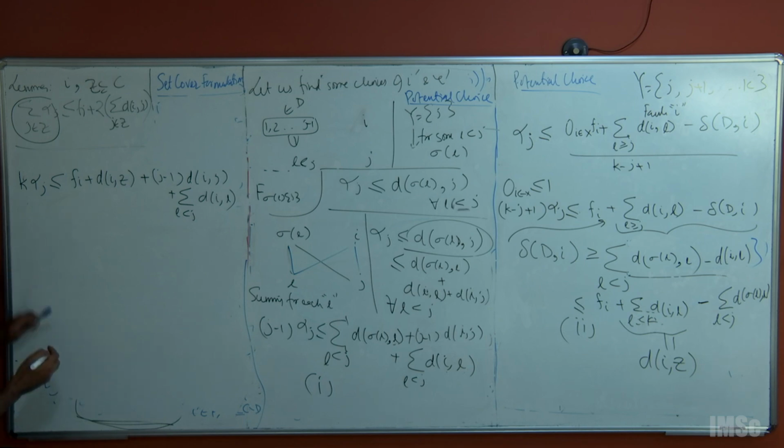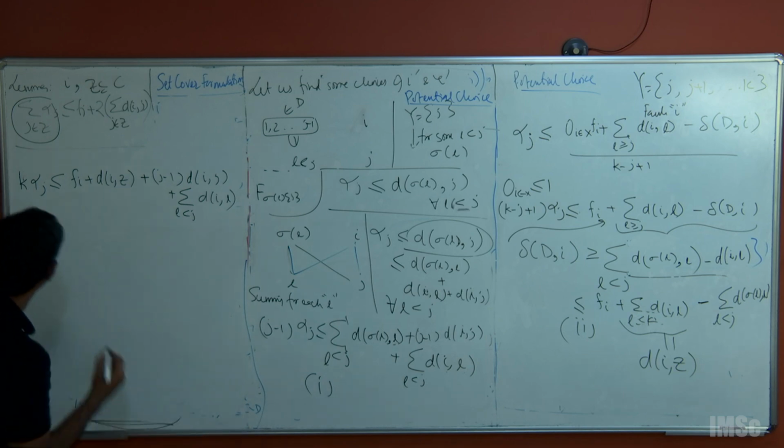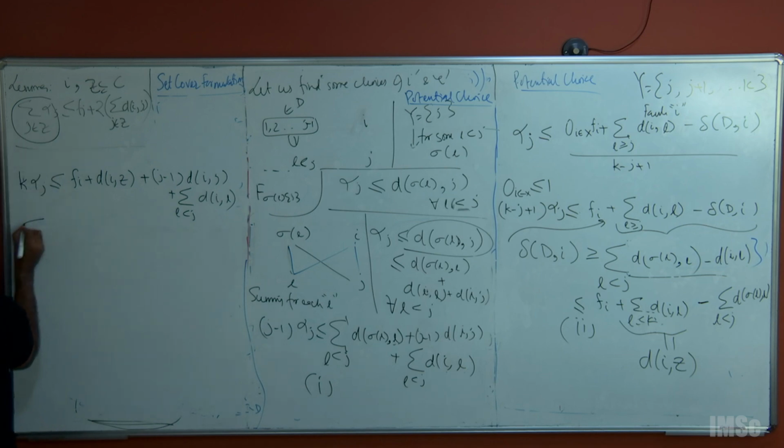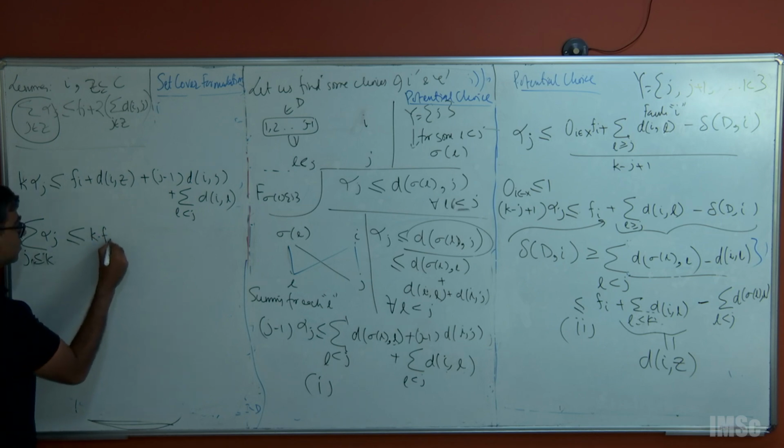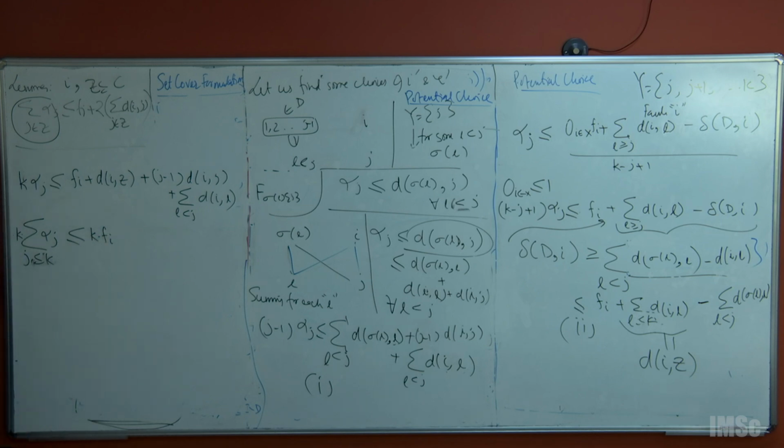So if I have to sum over alpha j, j less than or equal to k, I am summing over all this. So what will it be? What will be here? Tell me. K times Fi.